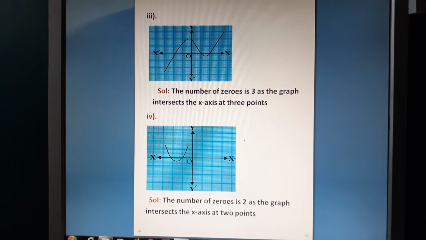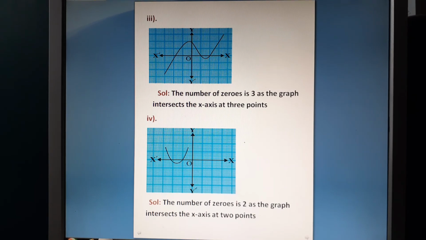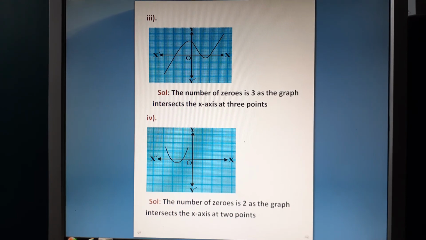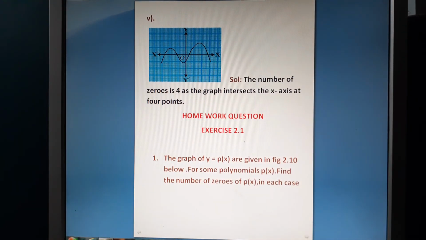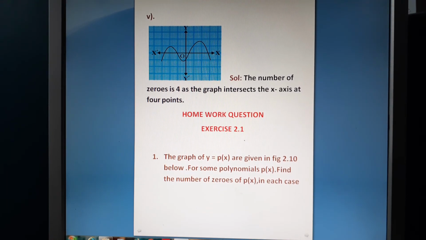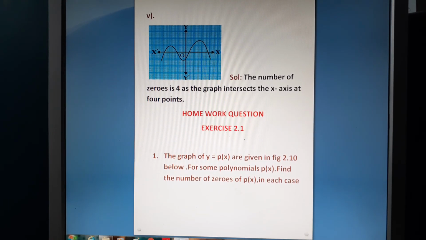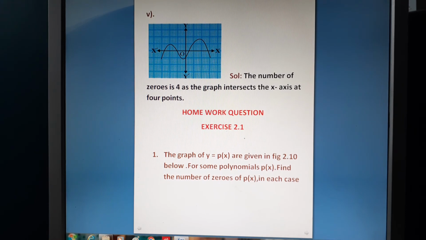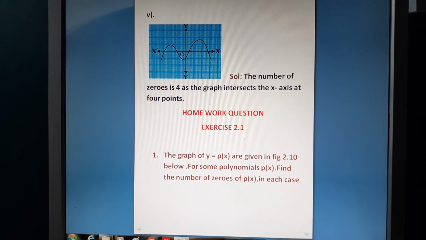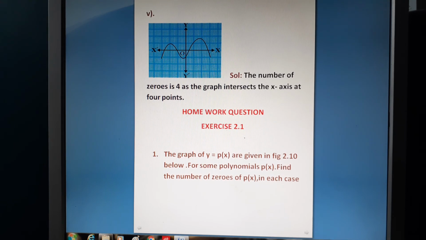So the number of zeros is 2 as the graph intersects the x-axis at 2 points. Fifth one, see the diagram. Here the graph intersects the x-axis at 4 points. So the number of zeros is 4 as the graph intersects the x-axis at 4 points.